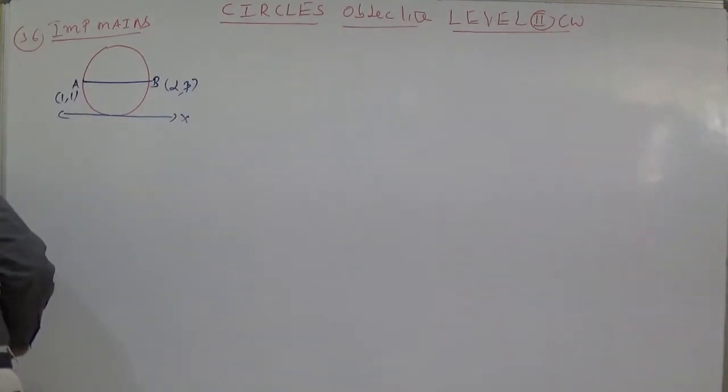Whenever a circle touches the x-axis, we can use the formula g square is equal to c.